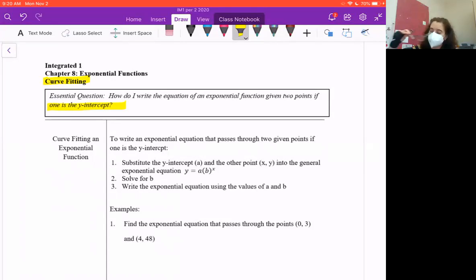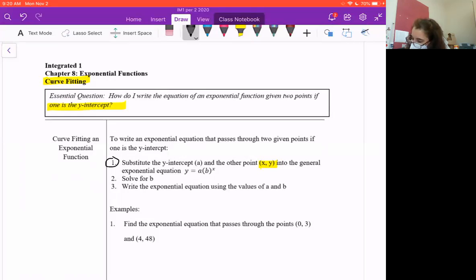So if you are given the y-intercept and you need to solve for b, here is what we are going to do. Step 1, you substitute the y-intercept, because that's your a value, into the equation along with the other point. The other point can be substituted in as x and y. When you put in the x, the y, and the a, the only thing left is b.